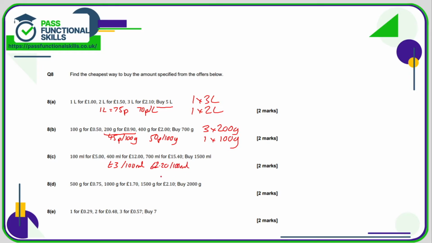So the best value is clearly the 700 millilitres for £15.40. So if we want to buy 1500 millilitres, we will buy 2 times the 700. That will take me to 1400, and then 1 times 100.